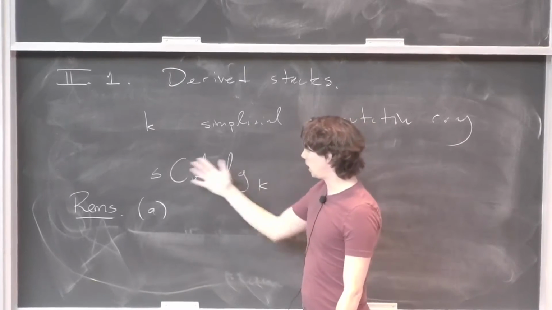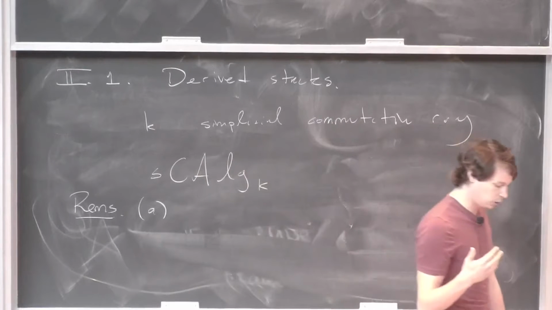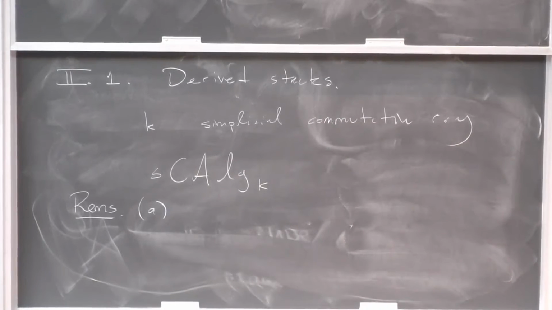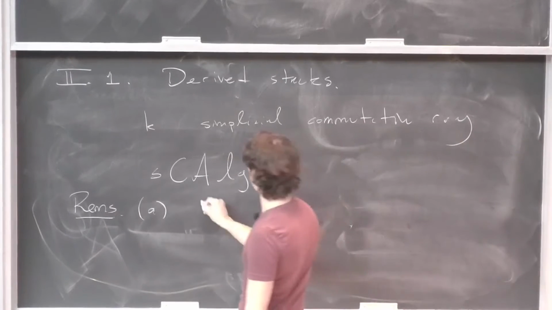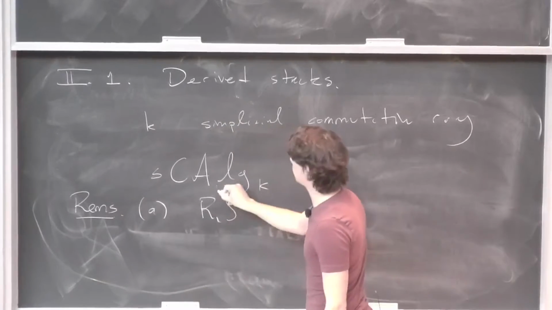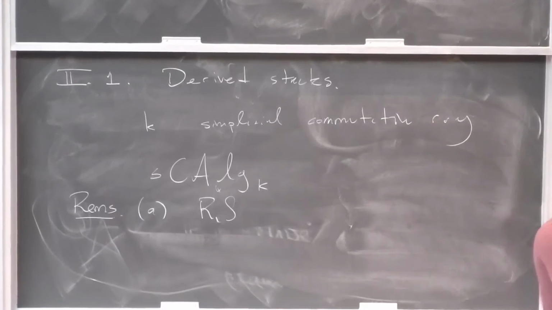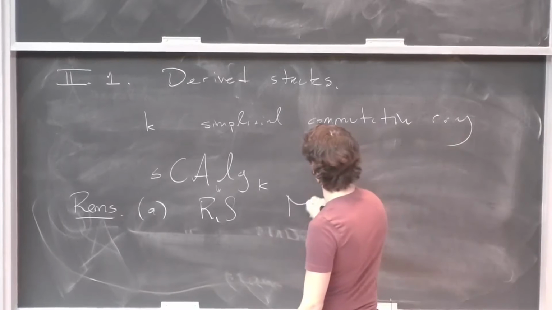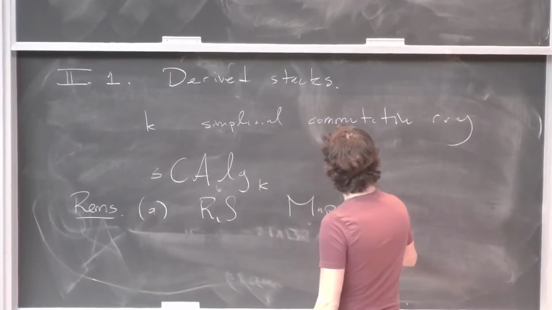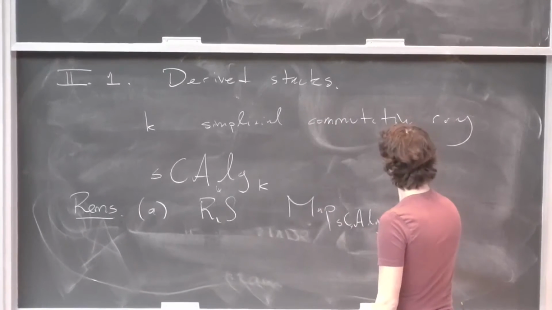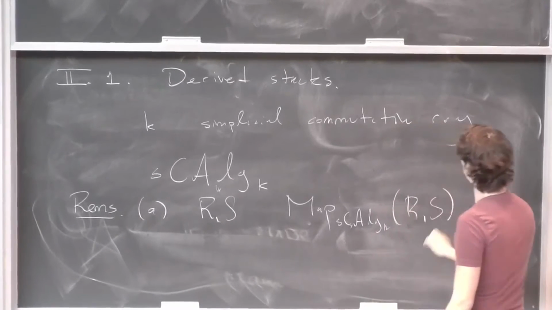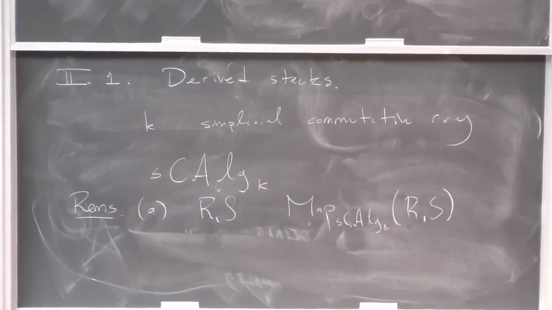I really am thinking about this as an infinity category, and all that I want you to take away from that during this lecture is the fact that if I fix two objects that are simplicial commutative K-algebras, then I don't just have a set of homomorphisms from one to the other. I have a space, which will always be the mapping space of K-algebra maps from R to S.